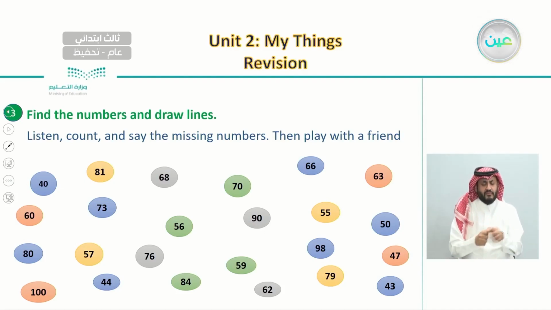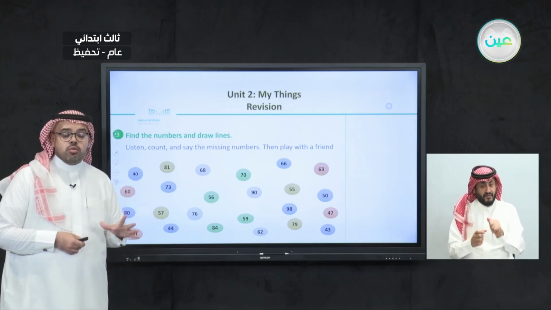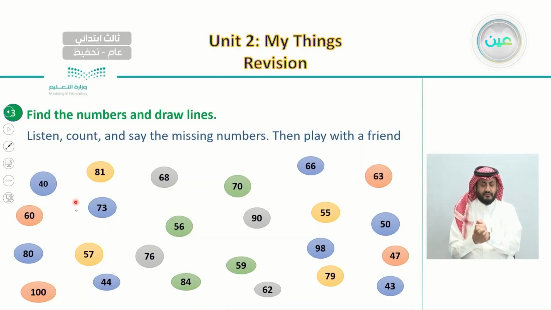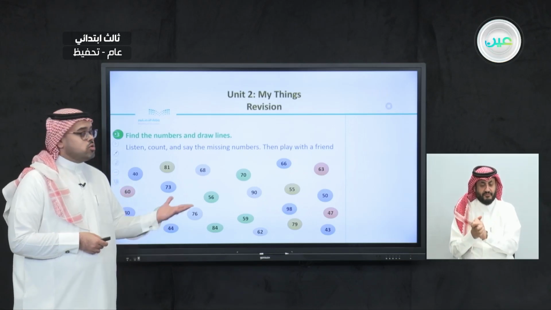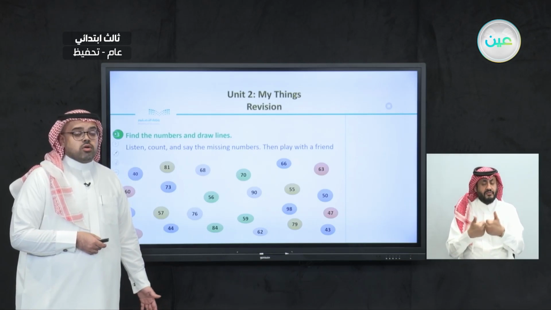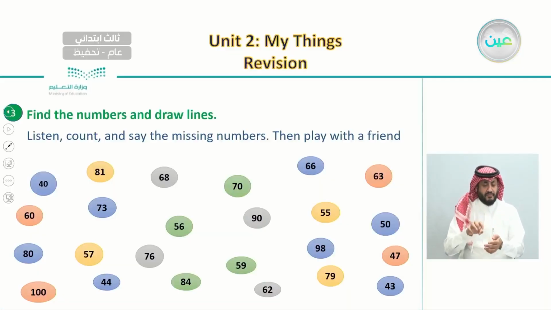You're going to go through these numbers and count them starting from 40, making sure there are no missing numbers. If there are any missing numbers, you write them down next to these circles. To make it more interesting, you can play it with a friend, and also count from number 40 to 100.